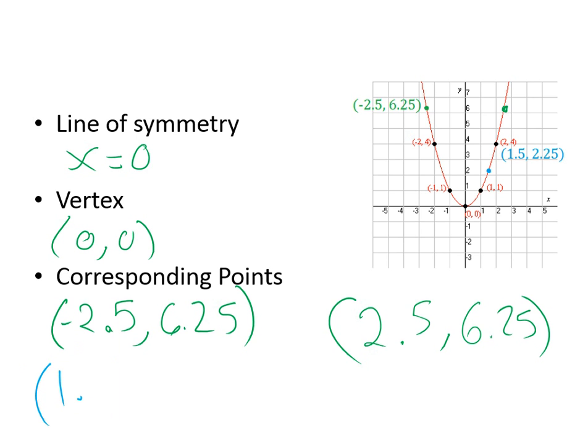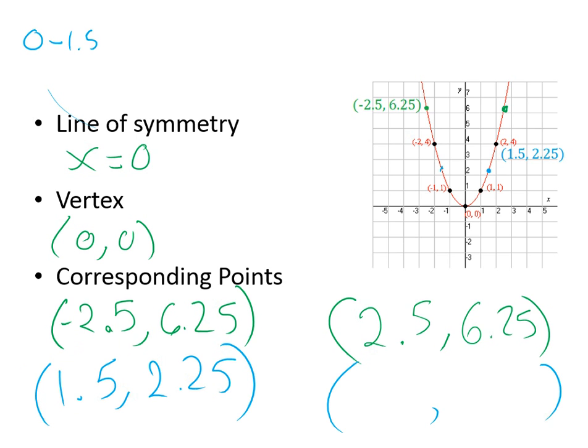So now the next one, 1.5, and then 2.25. If we look at this one's corresponding point, we would go 0, the axis of symmetry, minus 1.5. That gets us a negative 1.5. And now we add that to 0, which gets us a negative 1.5.